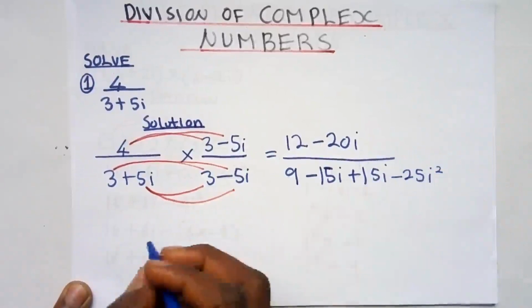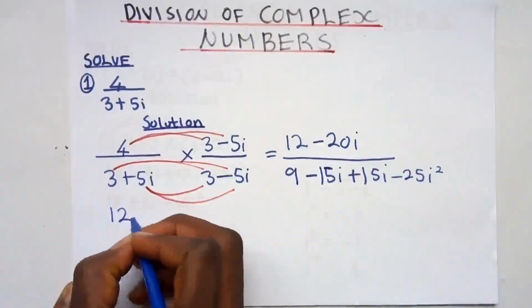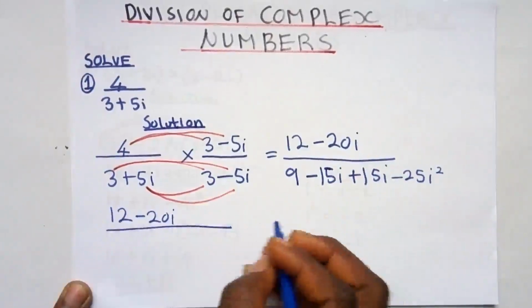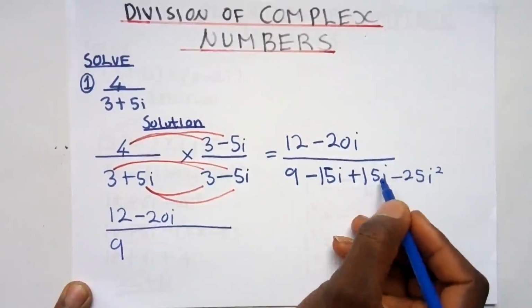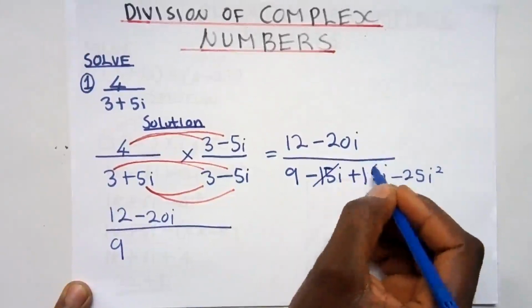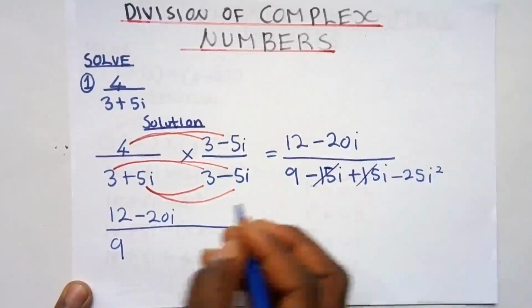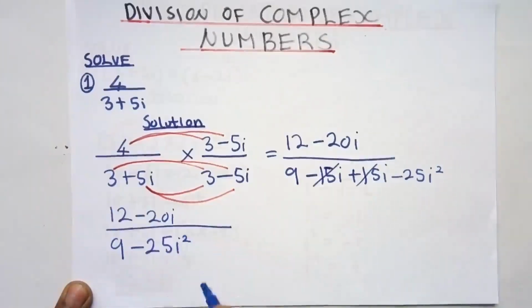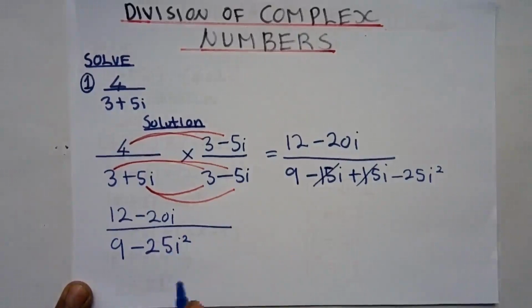So let's simplify this. 12 minus 20i all over 9, minus 15i plus 15i is equal to 0. So they can cancel each other, remaining minus 25i squared. Recall that i squared is equal to minus 1.